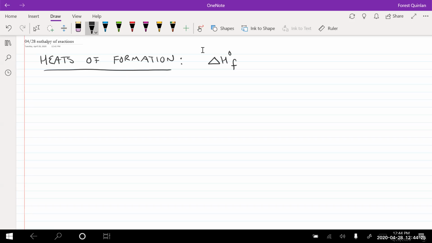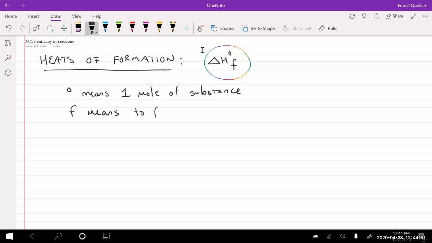Now, when we look at this little moniker right here that we're going to call the delta H naught of formation, remember that there's some good stuff in here. Remember that naught means 1 mole of substance. And the F means to form it.